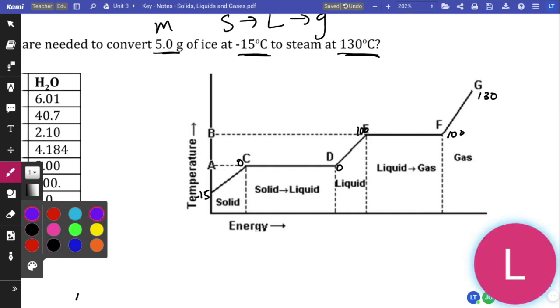So now let's talk about what's going on. Let's talk about this first one, our solid section. Our temperature is changing, so for that one, we have to use our MCAT equation because our temperature is changing.